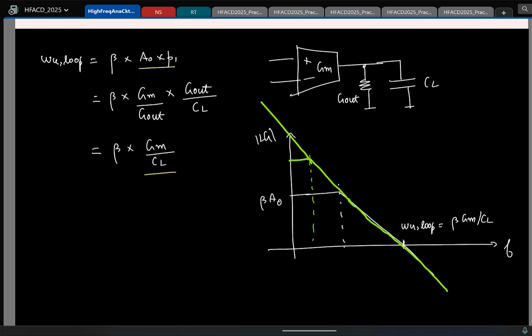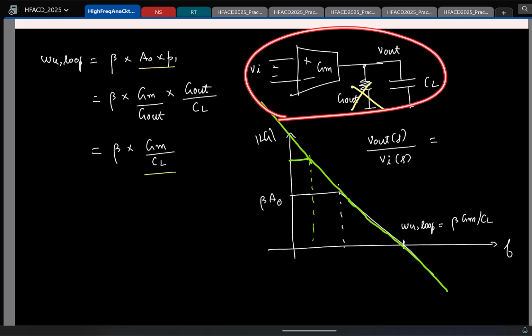If there is no R out here, what is the transfer function from the input to the output? If I find V out of S by Vi of S, what do you think this might be? Here I am applying a voltage Vi. Resistance is not there at the output. What is the current flowing out?